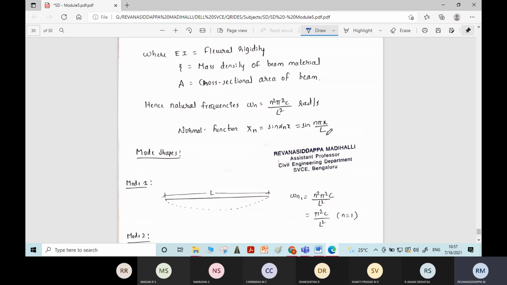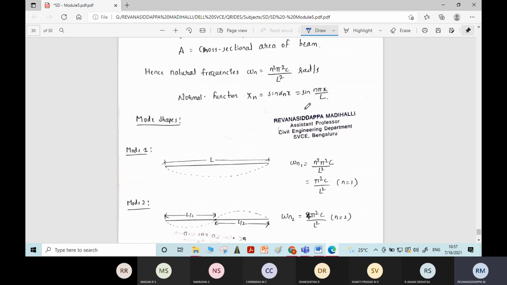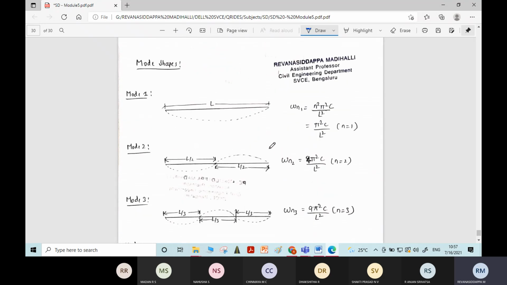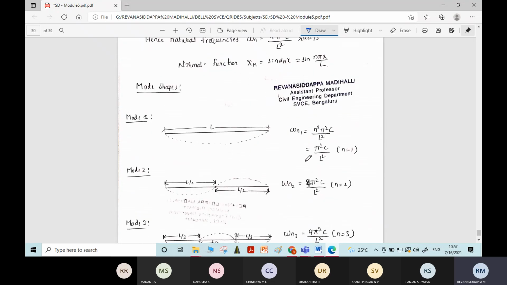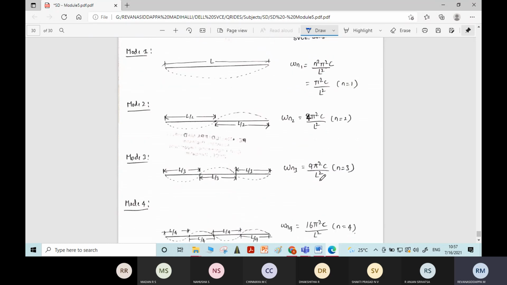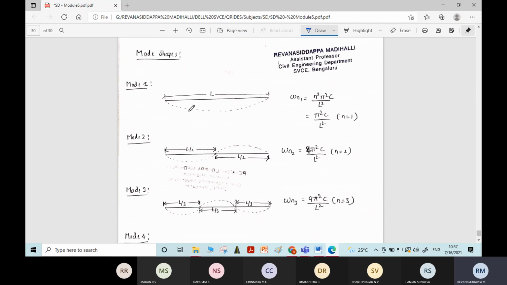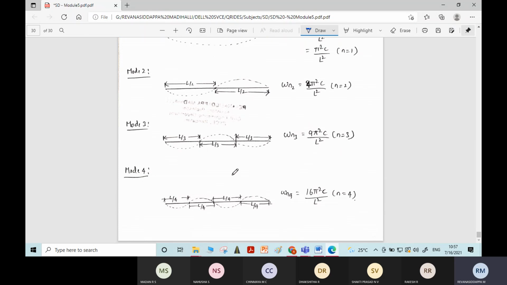Now after obtaining this final equation, you need to write the mode shapes. You need to substitute n equal to first mode, second mode, third mode, fourth mode, like that. For the first mode there is only one deflection, then the second mode, third mode and fourth mode deflection shapes.